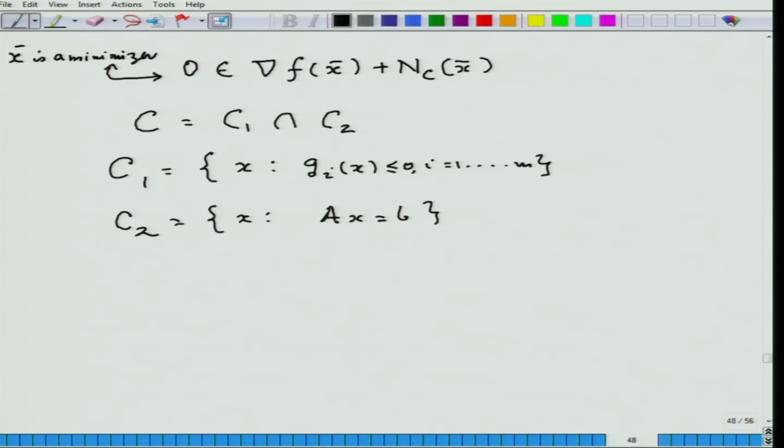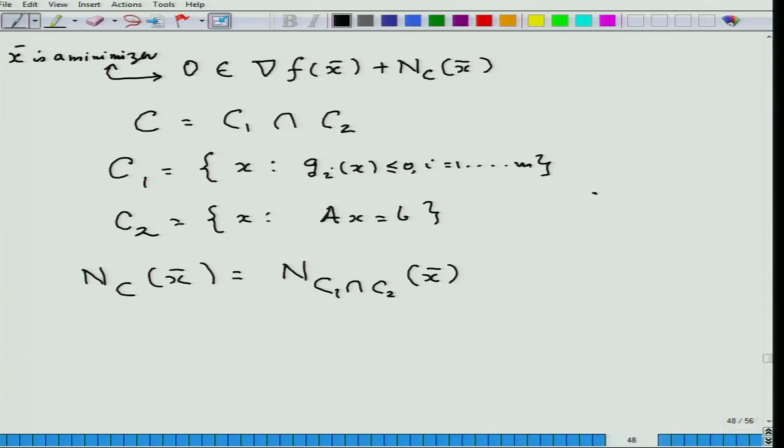So, the normal cone to C at x bar is now written as the normal cone to C1 intersection C2. So, how can you compute the normal cone?